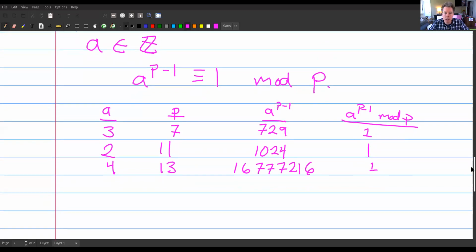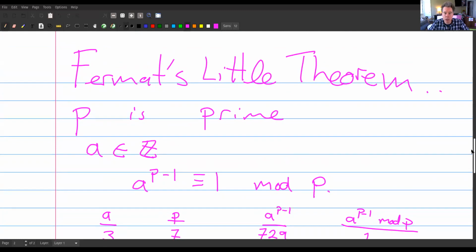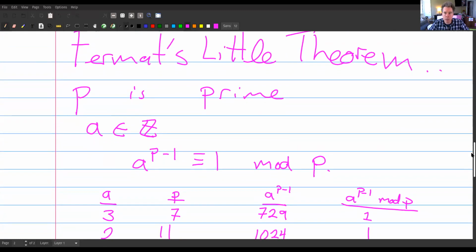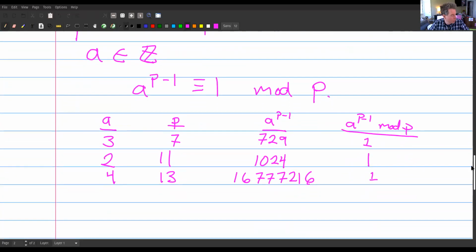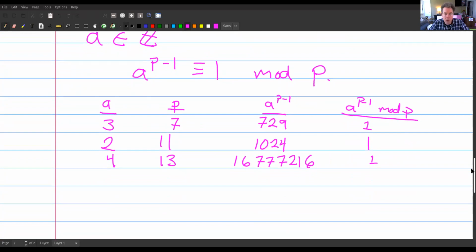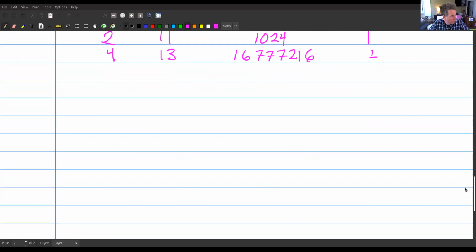So this is just some experimental evidence. We will prove this eventually, but not today. It turns out it's easier to prove a huge generalization of this fact than it is to prove the fact itself. So we'll prove it when we get to Lagrange's theorem, which is a generalization.